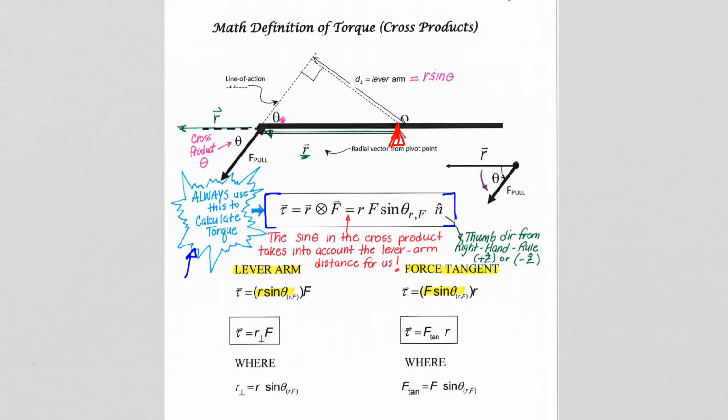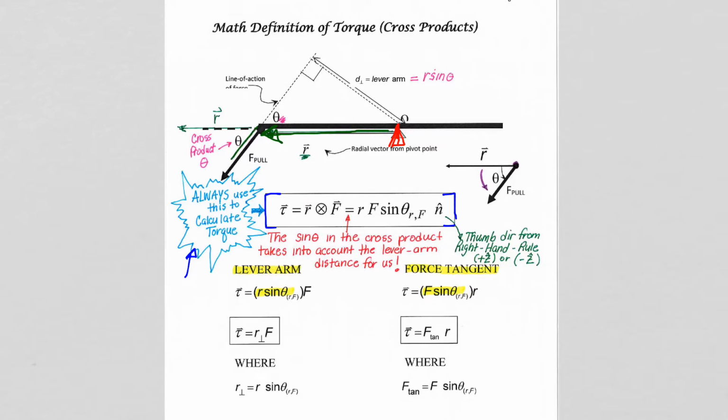The R vector is the vector from the pivot point to where the force acts along the plank. So that's the vector R. The force F is whatever force is acting to cause the rotation.